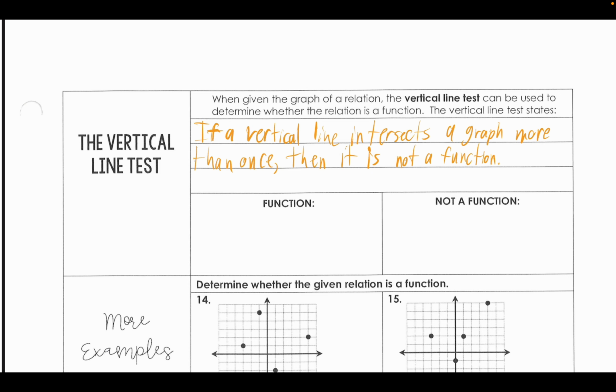So if a vertical line intersects a graph more than once, it is not a function. If it intersects it once or less, it is a function.